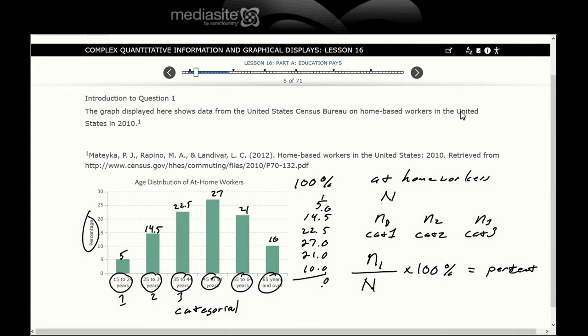So 0, carry the 1, 5, 1, 6, 10, 12, 19, 20, 2, 4, 6, 8, 10. Yep. Adds up to 100. They gave all the data, they used all the data.